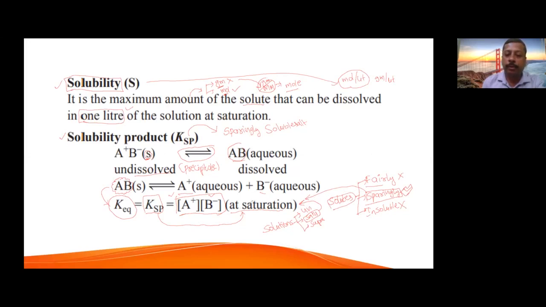So at saturation, containing a sparingly soluble solute denoted with the double arrow, that is the reversible arrow, Ksp is the product of the concentrations of all ions. In this example, we have taken only 2 ions. Further, I am going to give you some more examples, where the understanding will be further clarified.